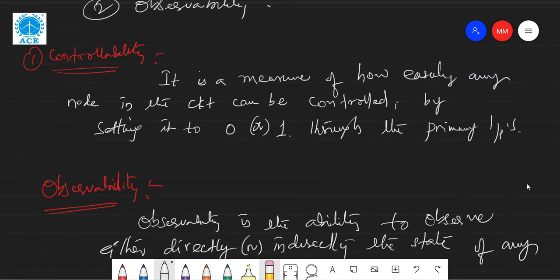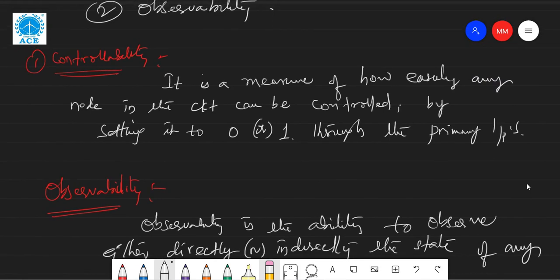One is controllability. In the previous lecture I discussed the faults. If I have an AND gate, for example, with two nodes A and B and output node Y, then I have SA0, stuck at 0.